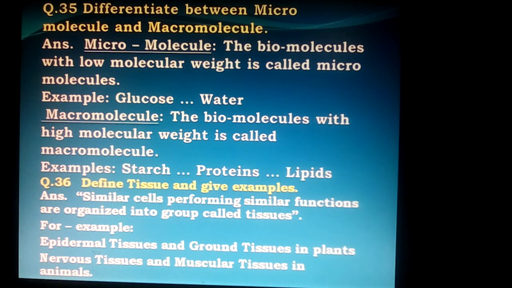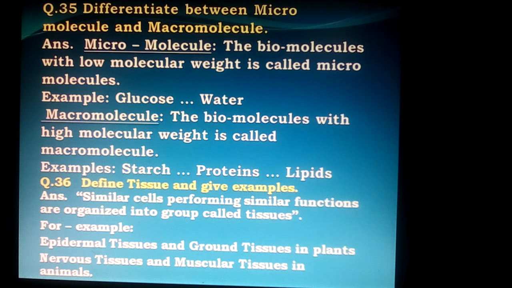Macromolecules are the biomolecules with high molecular weight, and in that we say starch, protein and lipids. So glucose and water are micromolecules; starch, protein and lipids are macromolecules.